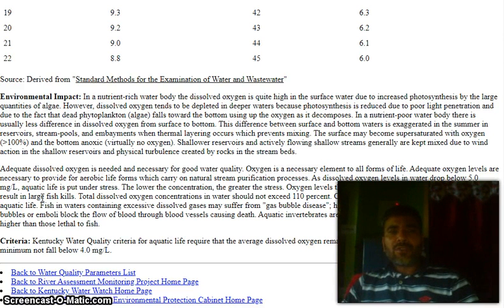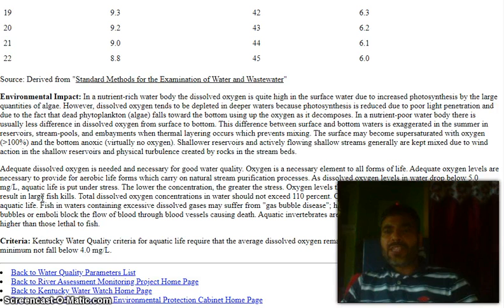However, dissolved oxygen tends to be depleted in deeper water because photosynthesis is reduced due to poor light penetration, and because dead phytoplankton falls toward the bottom, using up the oxygen as it decomposes.